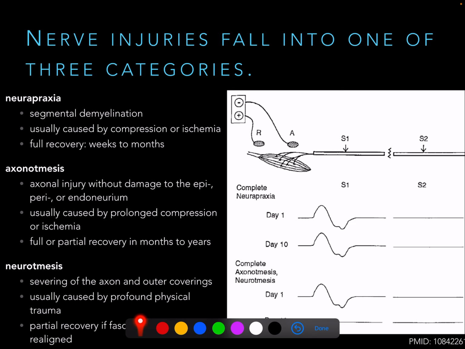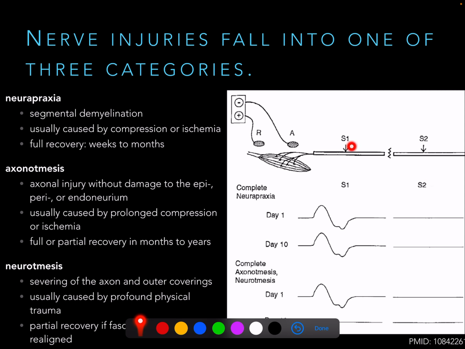Now we can tell the difference between these with a little bit of nerve recording. So if we have neuropraxia, we're never losing the axon. We'll only see axon death with axonotmesis and neurotmesis. So here what they're doing is causing a little bit of an injury at this squiggle site here. S1 is distal to the injury. S2 proximal.